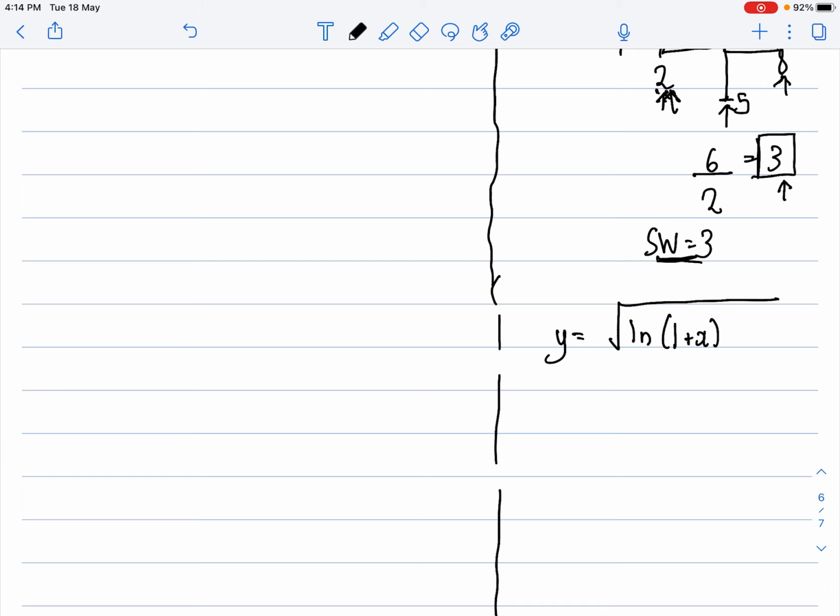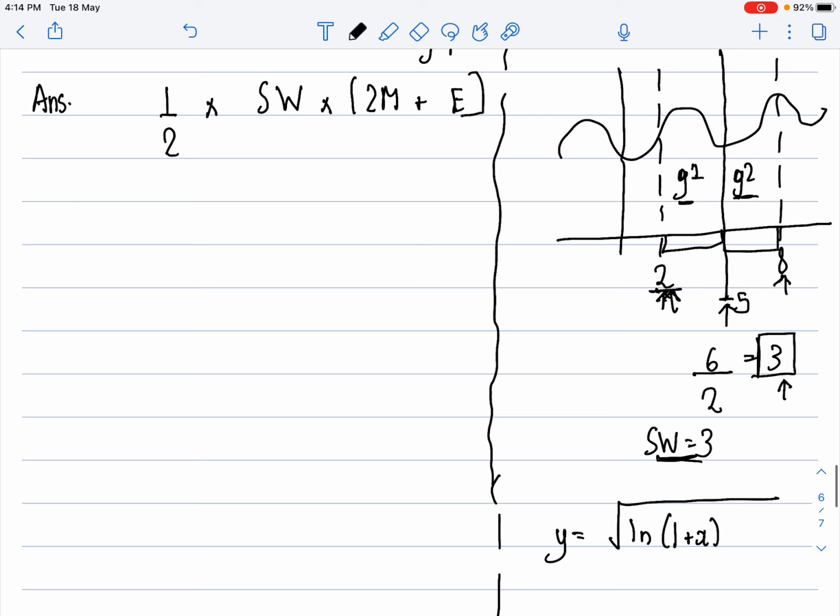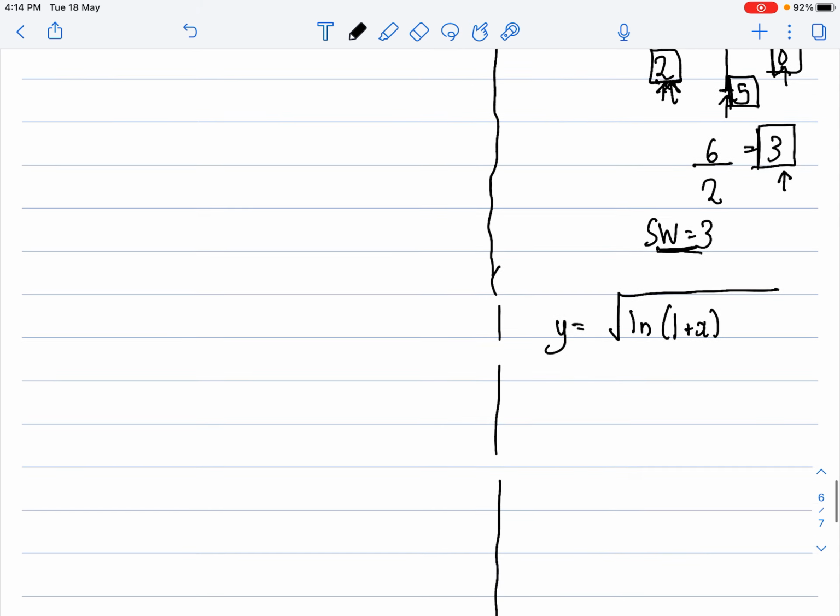Now I know my x values are simply 2, 5 and 8. These are my three critical x values. So I'll write this as x equals 2, x equals 5 and x equals 8. I need the respective y values for this. So simply put all these values in the place of x.